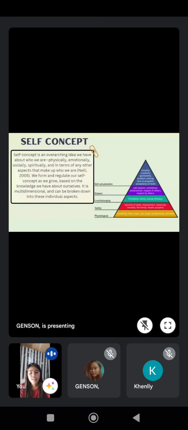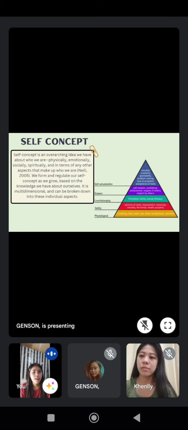So self-concept is how we perceive our behaviors, abilities, and unique characteristics. How we view our personality traits, such as whether you are an extrovert or an introvert. How you view your abilities, whether you are kind, whether you have bad habits, whether you are helpful.